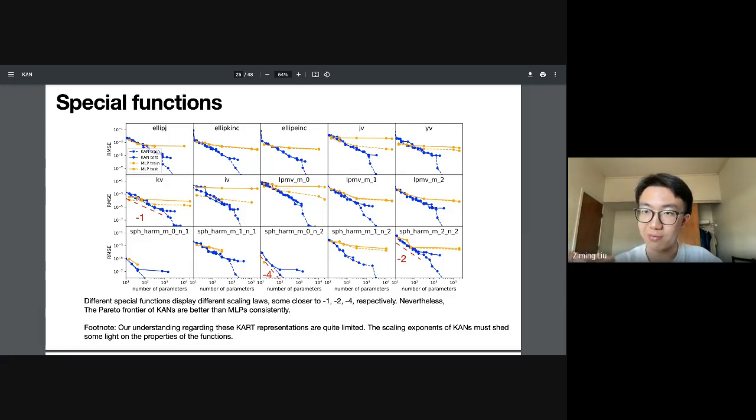And for KANs, I also swept the grid, like how fine-grained the grids are. I project these 1,000 points onto this plane, but only plot the Pareto frontier.